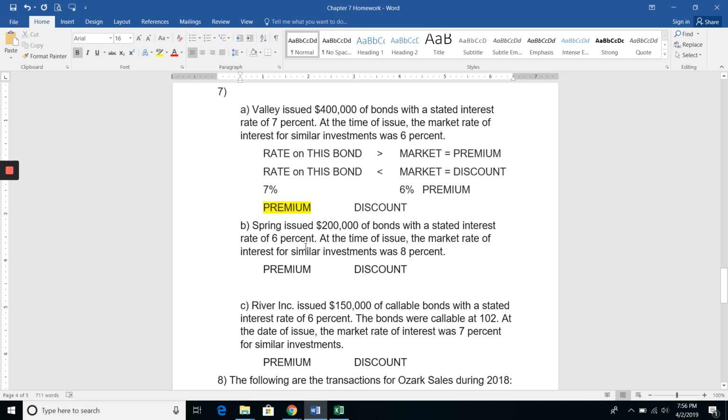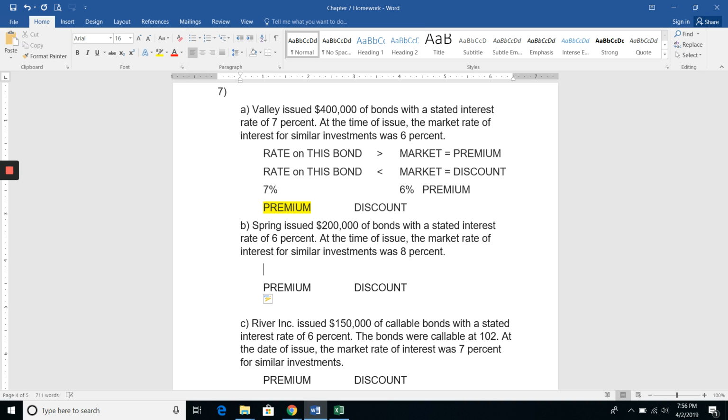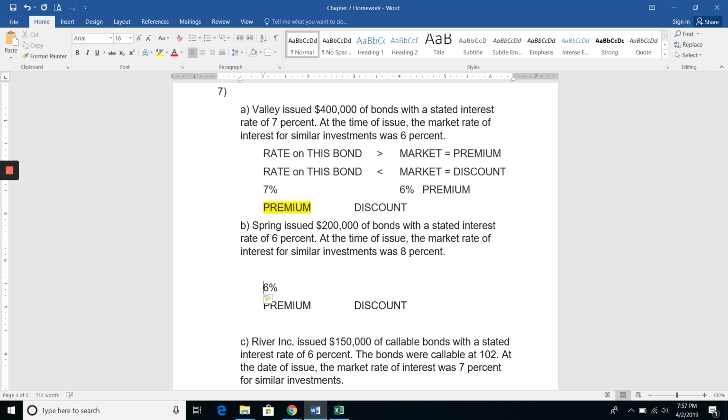Okay, so let's take a look at the second question. Spring issued $200,000 of bonds with a stated interest rate of 6%. That's our bond.